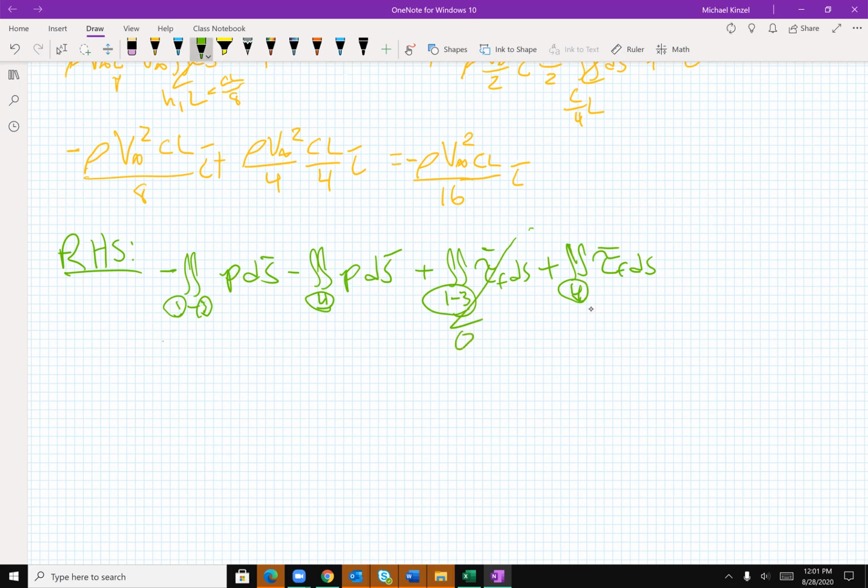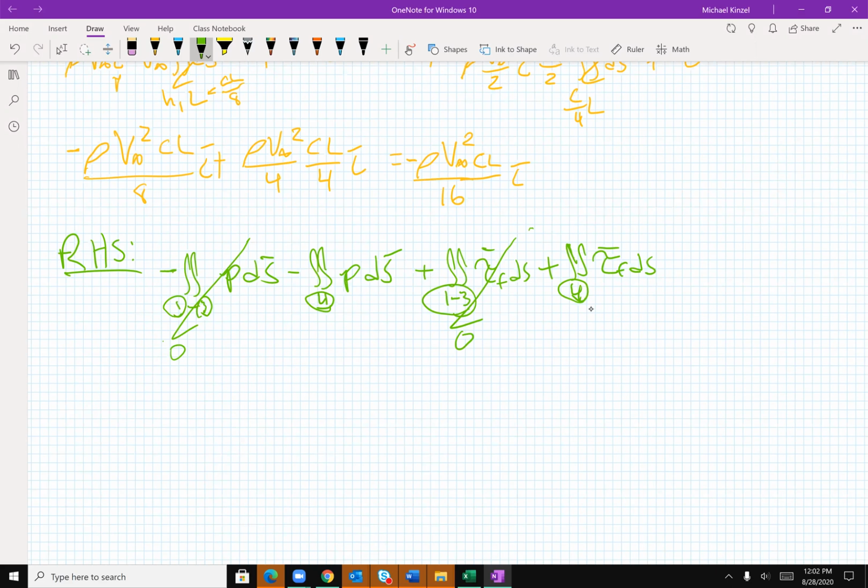Without pressure forces, if all of them are P infinity, it actually becomes 0. You could evaluate pressure on every single term, but they're always equal and opposite. It comes back to hydrostatics: an equal pressure force on an arbitrary shaped body will be 0.